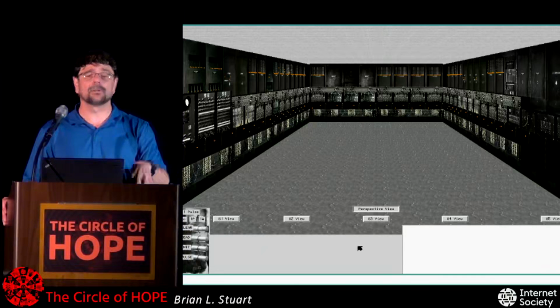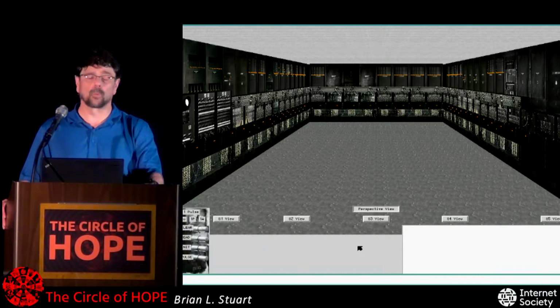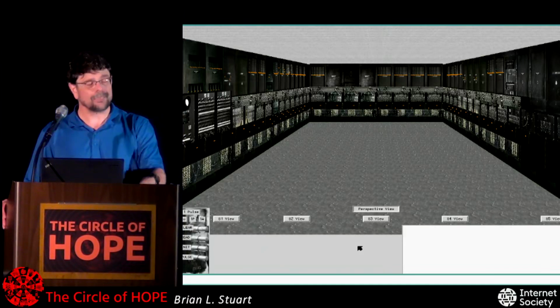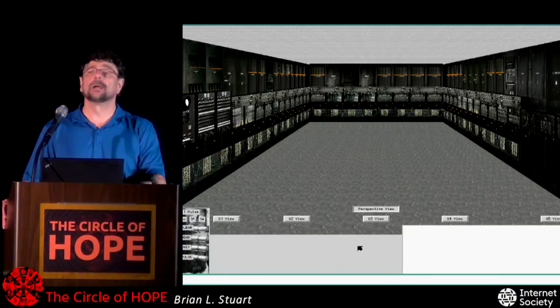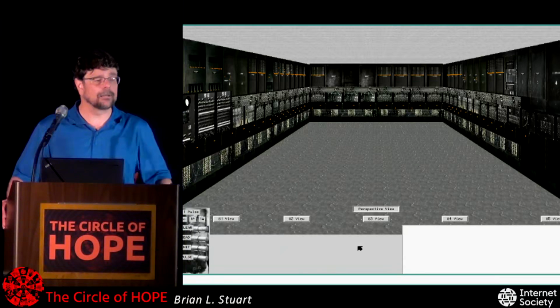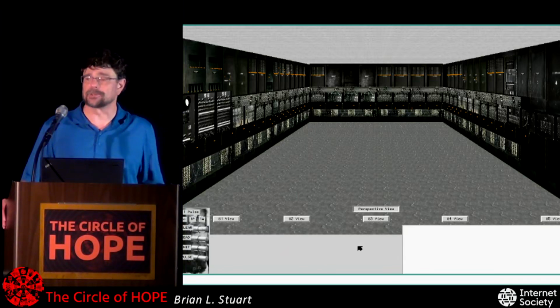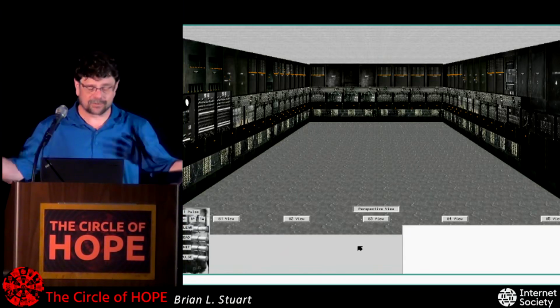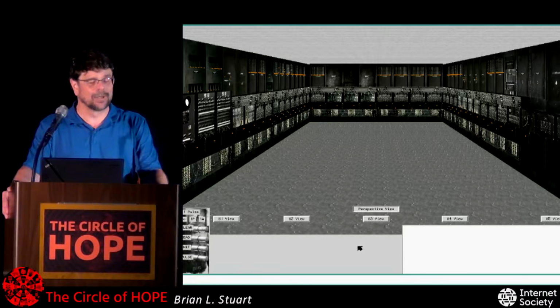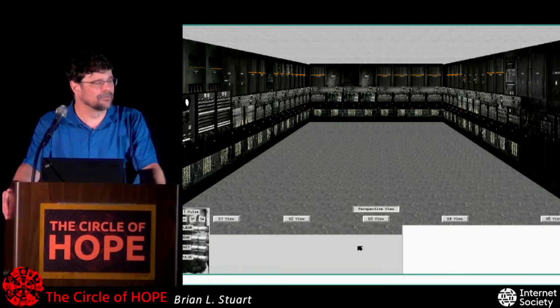So she joined Eckert-Mauchly Computer Corporation working as a programmer on the UNIVAC machines. And it was while she was there that she sort of pioneered the ideas that we think of as compilers today.